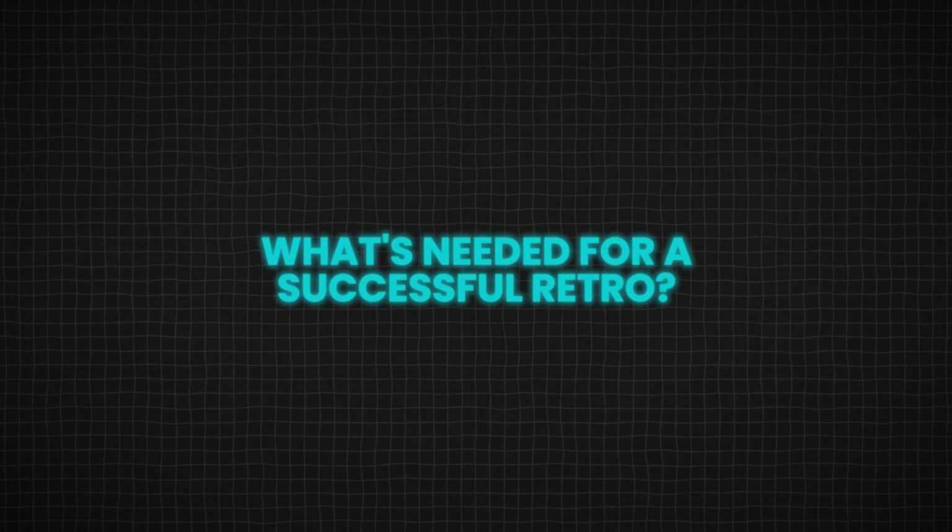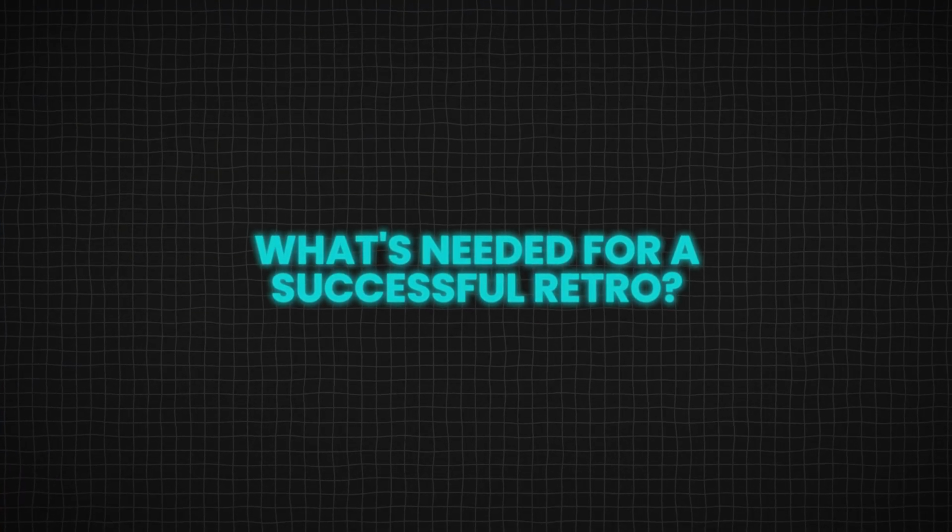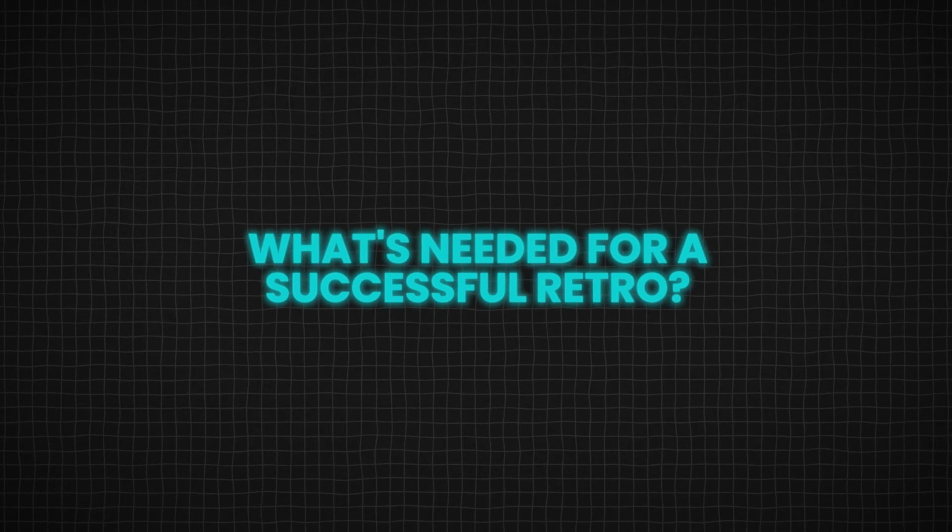So next, I want to get into what exactly is needed to make sure that a team retro is as valuable as it can be, and that you're following the right steps in order to make sure that a conversation and a session actually turns into actionable results. I'm going to use the quadrant team retrospective board as an example.